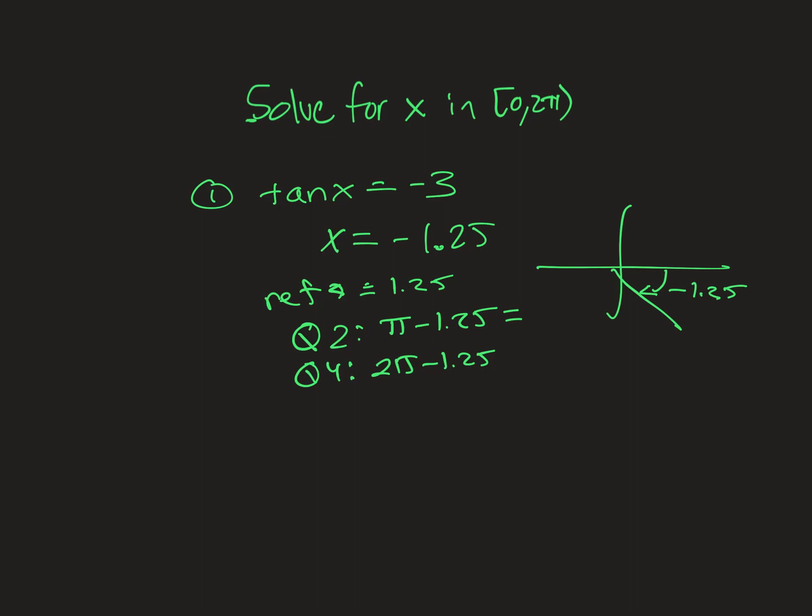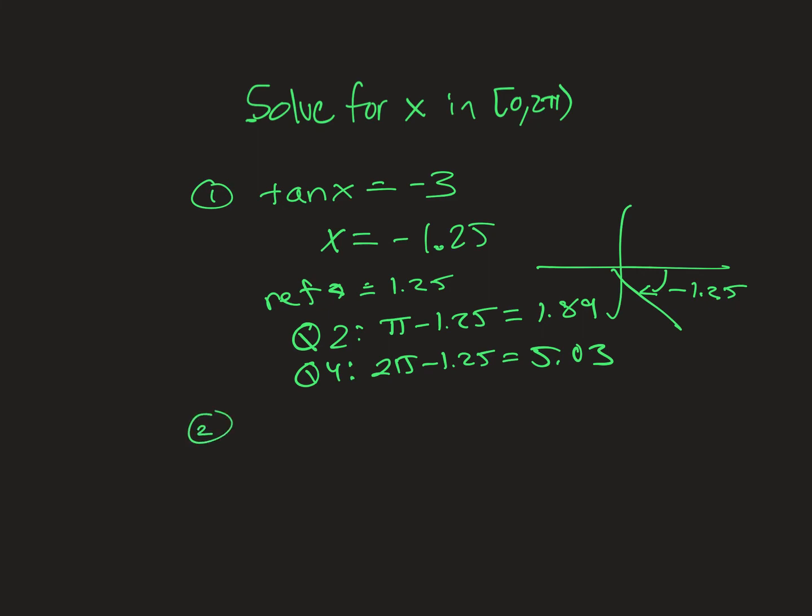So pi minus 1.25, and use the actual pi button, which is the upper arrow above the division sign. Okay, so 1.89, which indeed is in the second quadrant. And then 2 pi minus 1.25 is going to be 5.03, which is definitely in the fourth quadrant. Okay, so those are the two solutions between 0 and 2 pi.